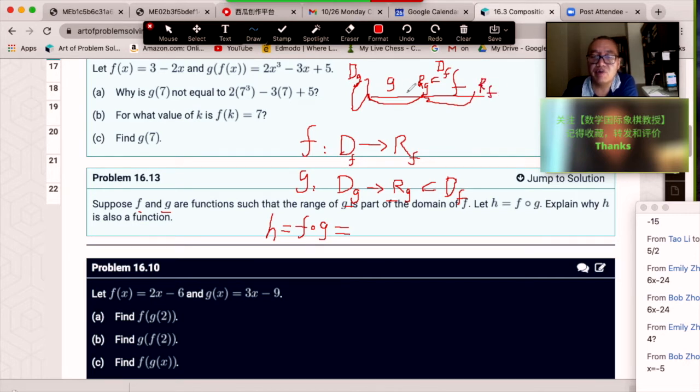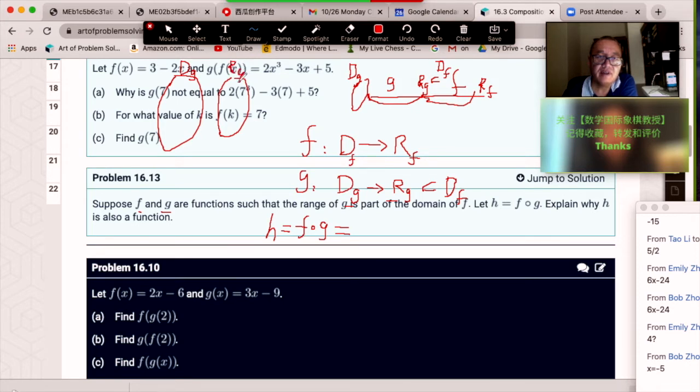So they tell you this one is a function. Then after you get the value for g, that will be the variable of f. Now you can use this function to continue to reach here. So by this way, we project from the domain of g, first go to the range of g.